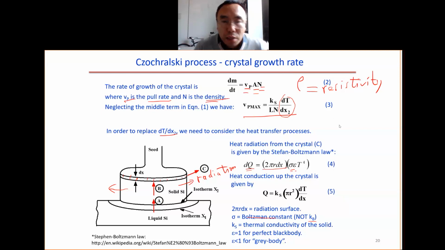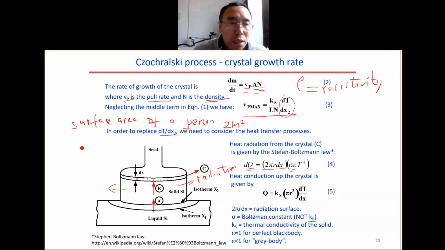Actually, the heat loss from our body is also mainly by black body radiation. The surface area of a person we can consider as about 2 square meters. Then we have this sigma. Our body temperature is about 30 degrees, so we radiate heat.